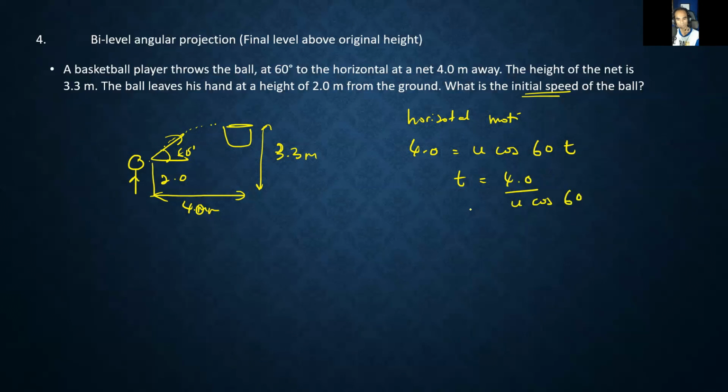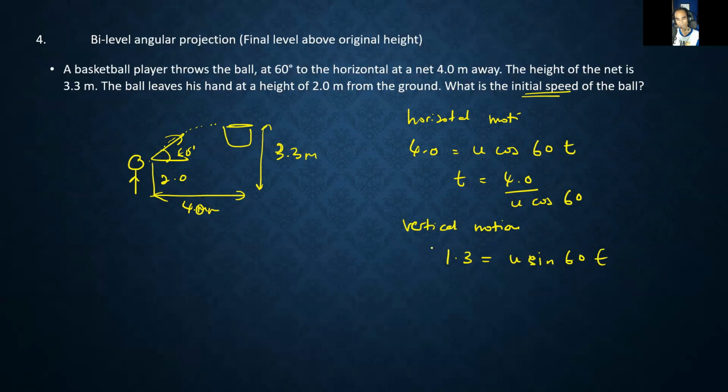Then use the vertical motion. 1.3 equals u sine 60 times t.